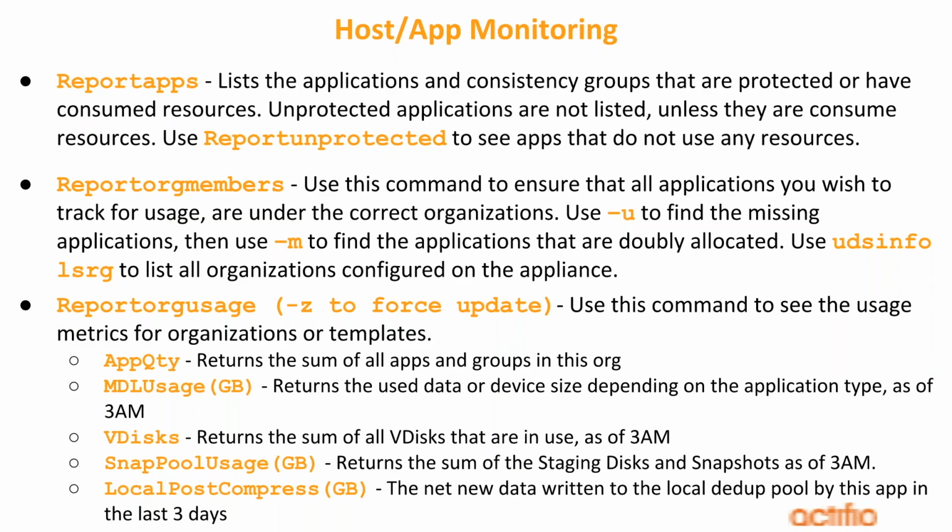Now, in the output of that, you're going to get the app quantity. So we just talked about, we discovered 10, we protected 8. We should see 8 under app quantity. MDL usage, this is one of those important ones for your MSP model. It will tell you how much disk they're using. vDisks, as we know, we can't cordon off by organization.